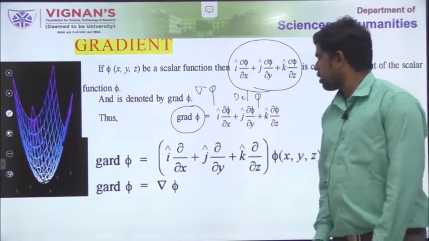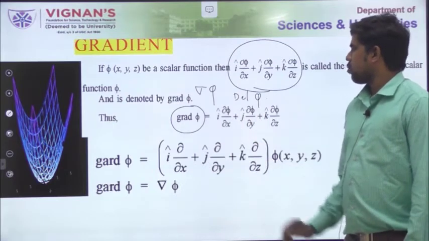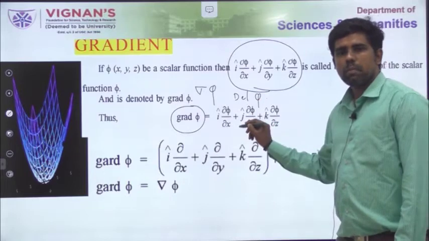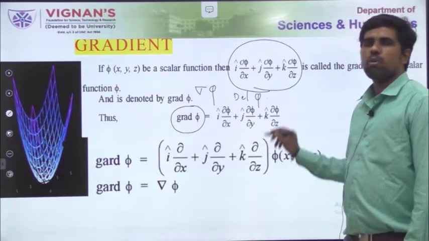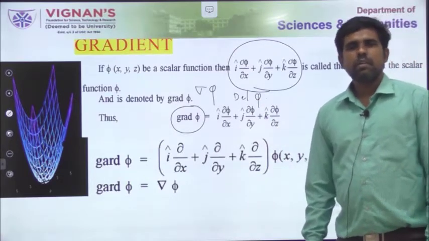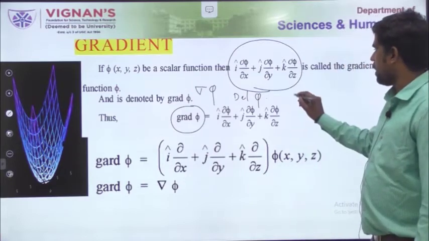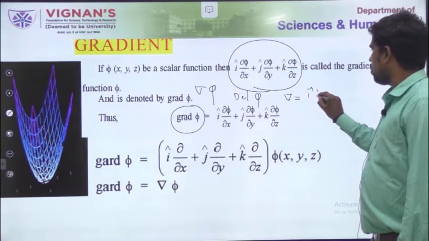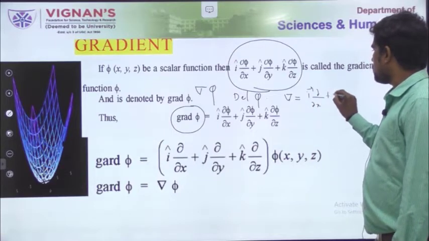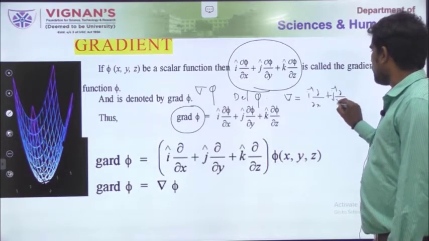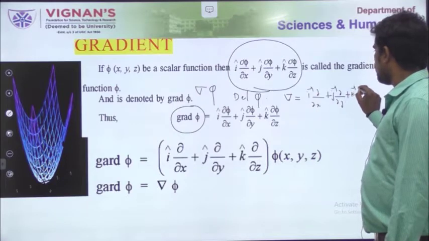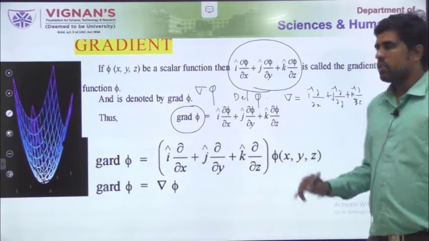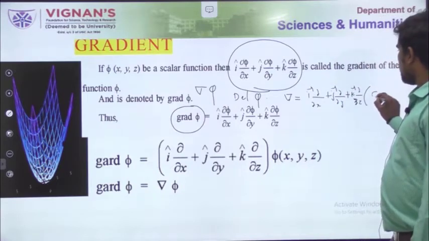So grad phi is equal to i vector into dou phi by dou x plus j vector into dou phi by dou y plus k vector into dou phi by dou z. This is meaningful. Why? Because you know del is what? i vector into dou by dou x plus j vector into dou by dou y plus k vector into dou by dou z in 3 dimensions. So it is going to operate on a surface phi.